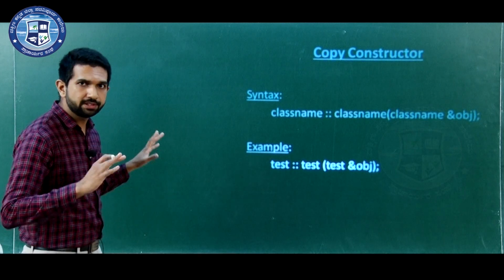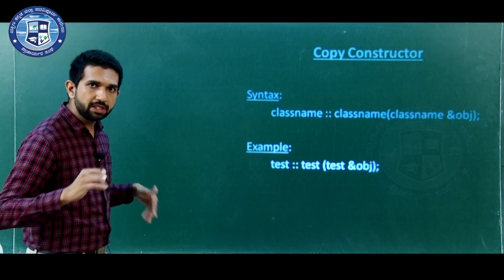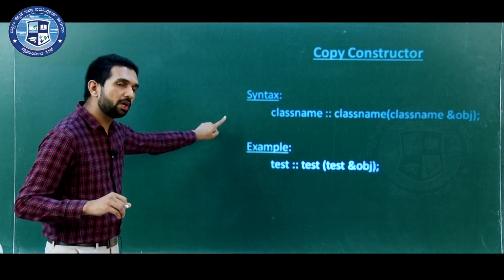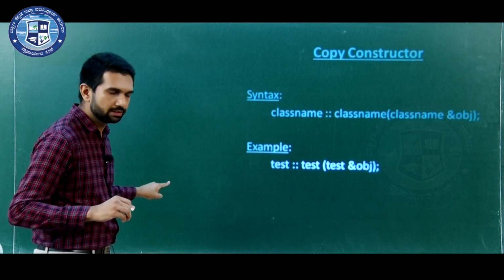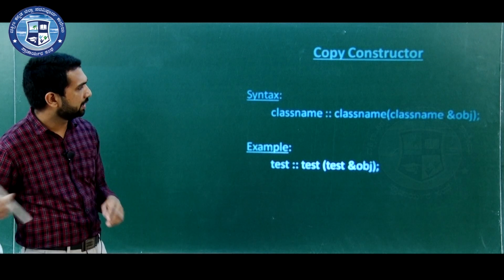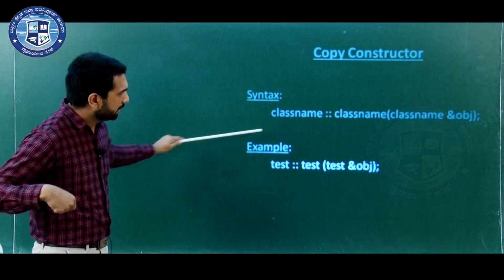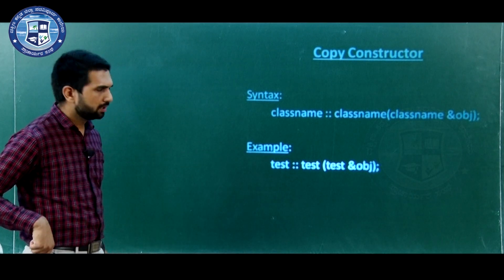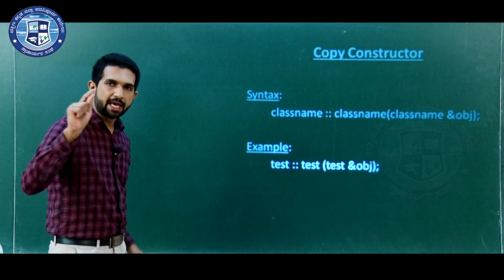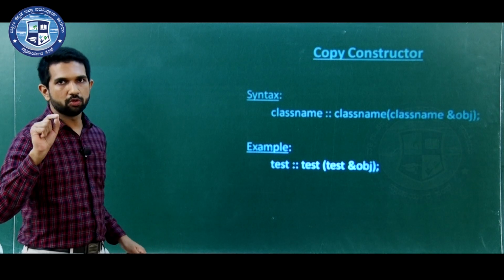This is actually the explicit syntax we can see, because in many cases, based on the situation, copy constructor will be invoked automatically by the compiler, but still it is possible to write copy constructor like this using this particular syntax. So, class name, which is followed by scope resolution operator, 4 dots indicate scope resolution operator, then class name once again we have to write, then inside parenthesis once again class name, ampersand obj, semicolon.